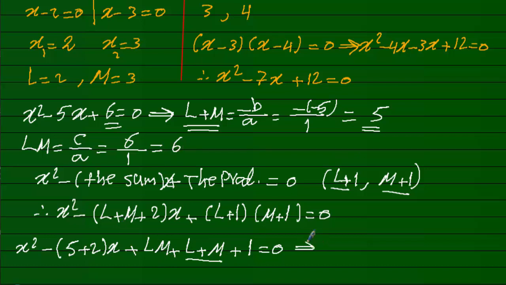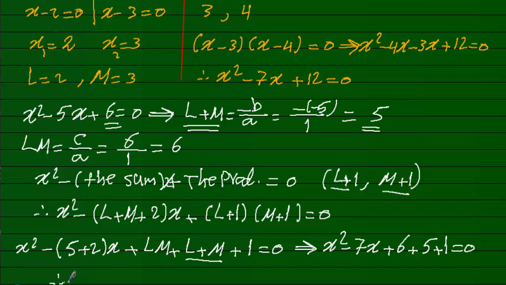And we will get here x squared minus 5 plus 2, it is 7x, plus LM. What is the result of LM? It is 6, plus L plus M, which is 5, plus 1 equals 0.